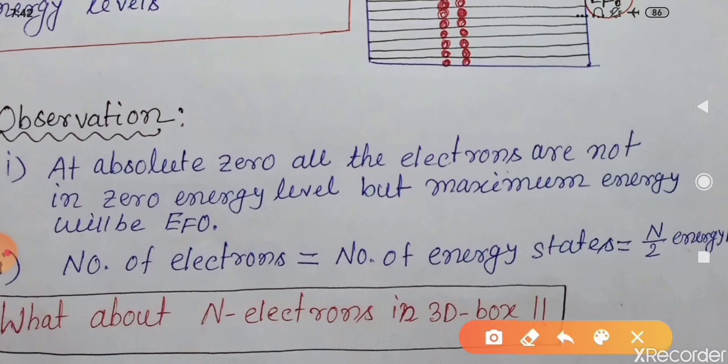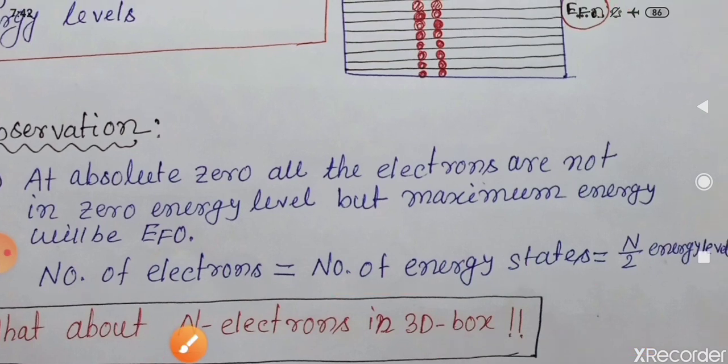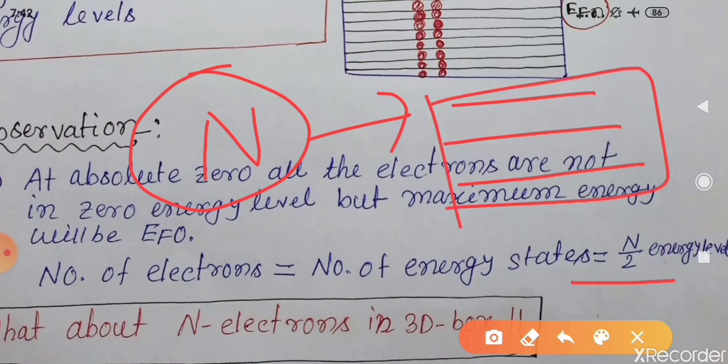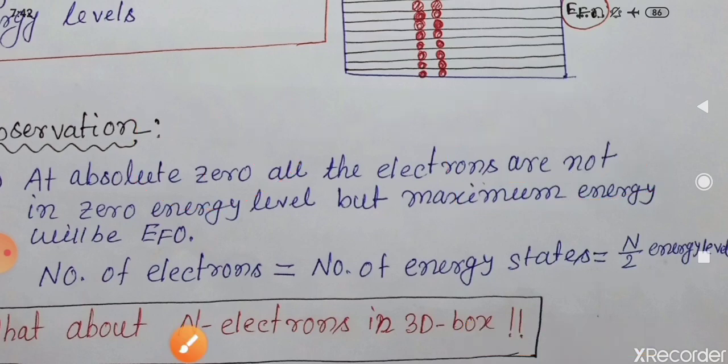And the next thing is that the number of electrons is related to the number of energy states; in terms of energy levels, the number of electrons is equal to n by 2 energy levels. So if we know how many electrons are there at absolute zero, we can also find out how many energy levels will be filled up by these electrons. So it becomes very easy to count the electrons in terms of energy levels.